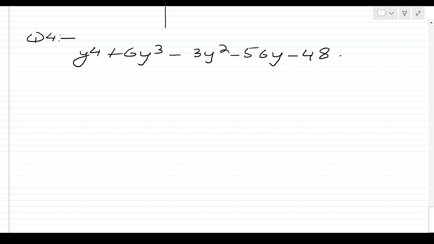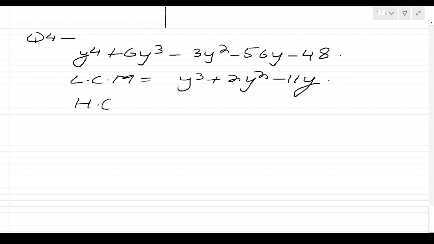And then we are given the LCM. The LCM is equal to y cube plus 2y square minus 11y. And as usual, we need to find the HCF. So in order to find the HCF, this product will be divided with our LCM.